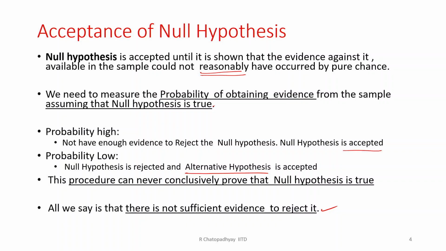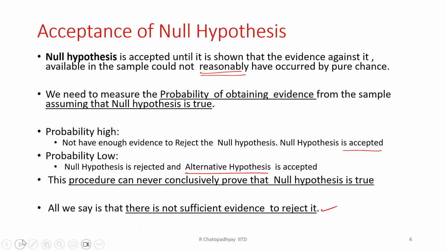So we can't prove it, but we can't reject it. Because we can't reject it, therefore we accept it. This is how we decide about the acceptance of the null hypothesis: because there's not enough evidence, hence we accept.